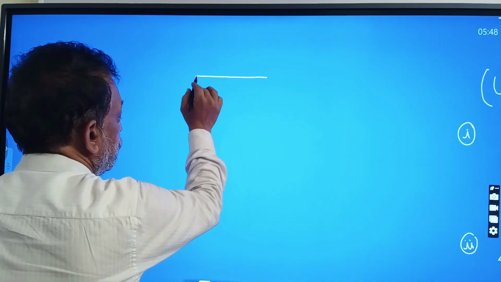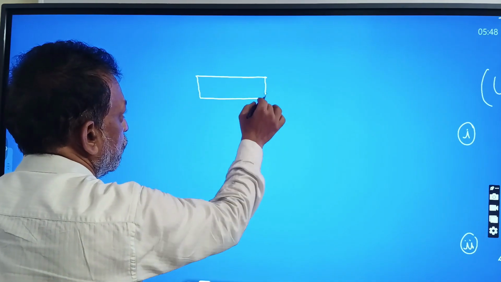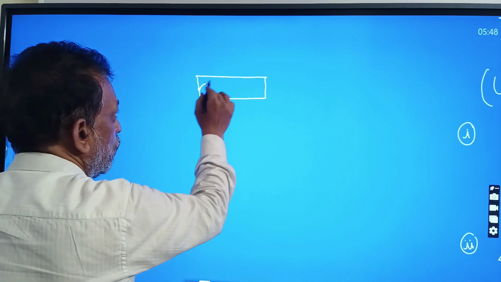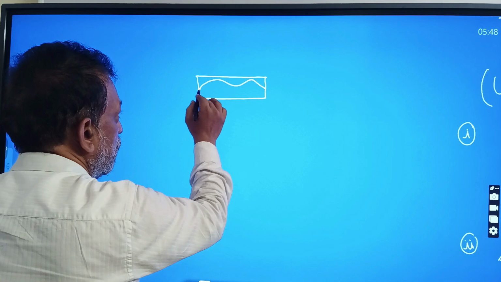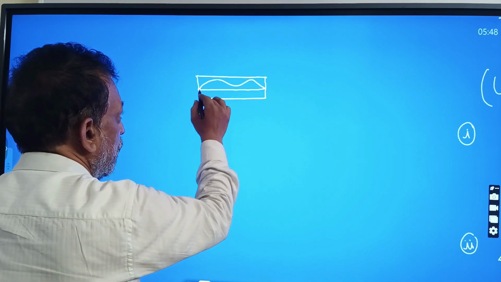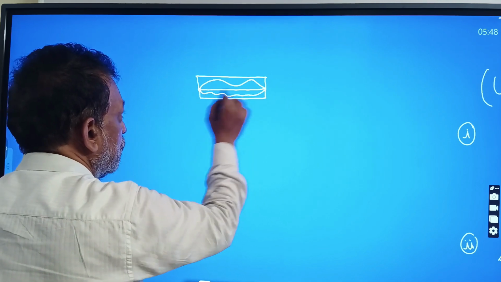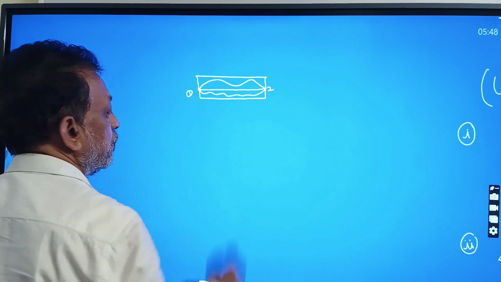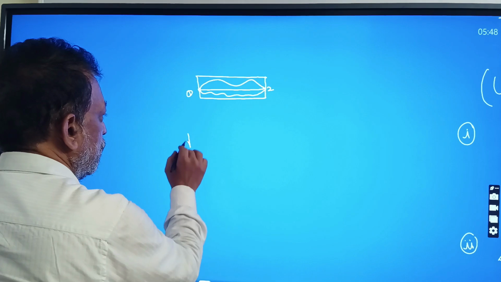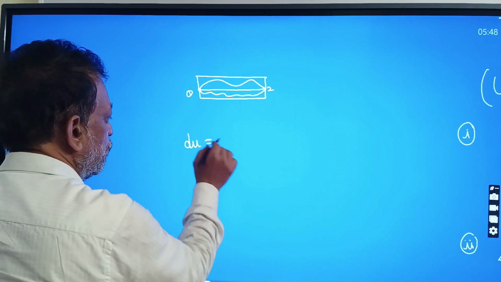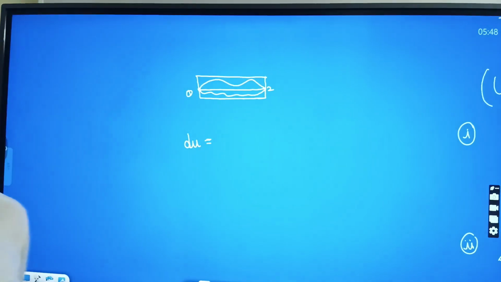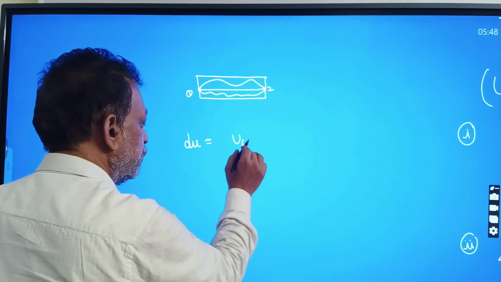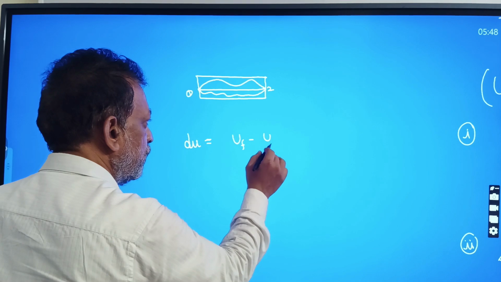Any system that is path independent is like this: you may go like this, and like this, but the initial position is the final position. Therefore, dU, the change in energy, is equal to final energy minus initial energy.